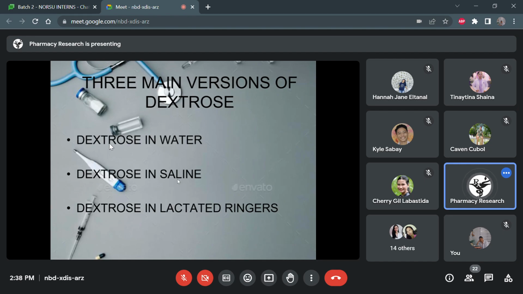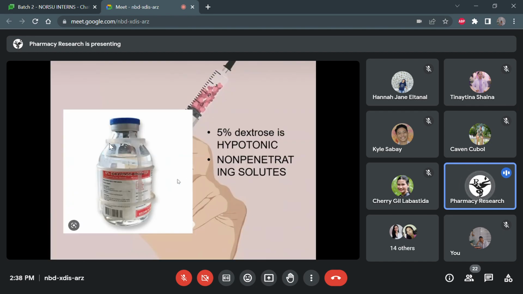So there's three main versions of dextrose: the dextrose in water, dextrose in saline, and dextrose in lactated ringers. So mao ni ang atong 5% dextrose. This is hypotonic, guys. Unlike sa katong D50 katong polyamp, unsa man tong D50 polyamp, Kevin? Hypertonic, ma'am.